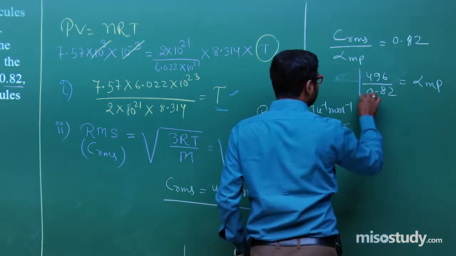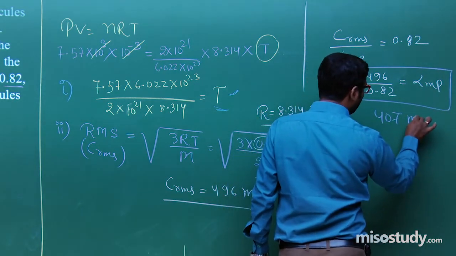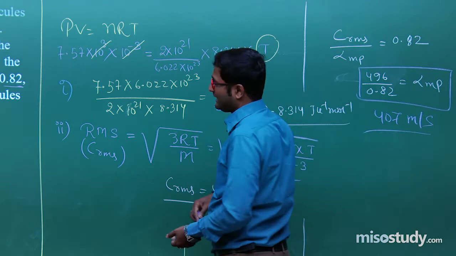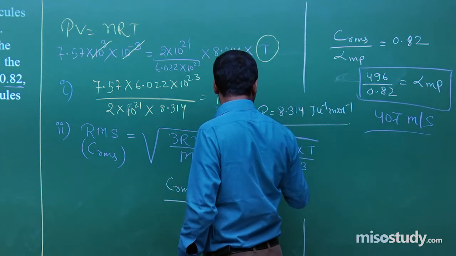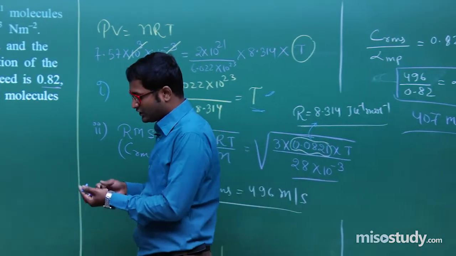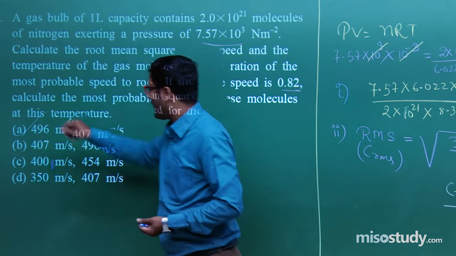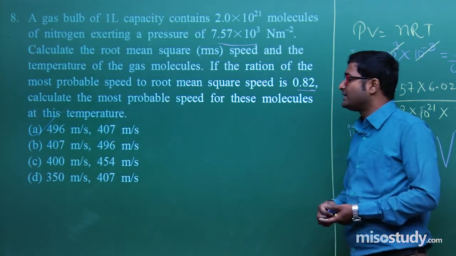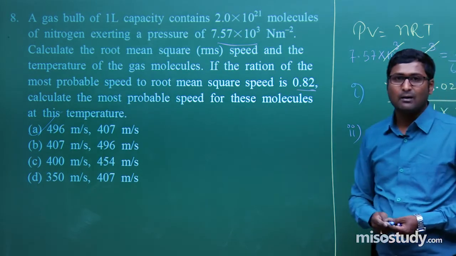If you solve the expression, then definitely the value comes 407 meter per second. Clear to you? Now it's very easy. The answers are 496 meter per second and 407 meter per second. Clear to you, friend? That is the root mean square speed and the most probable speed.